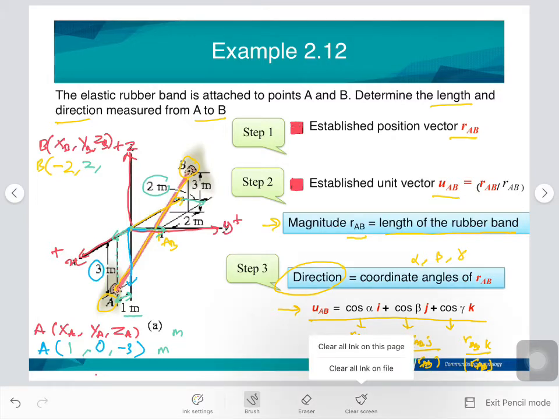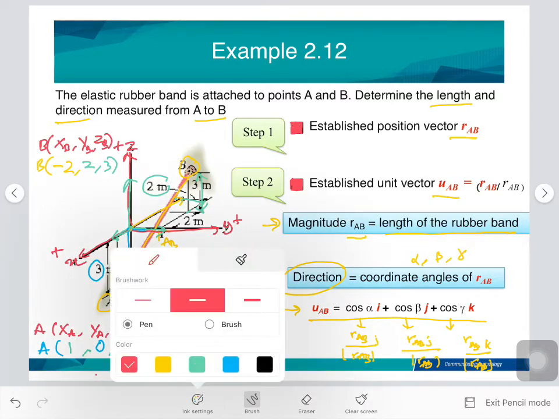From the origin, we travel to point B in the Z direction, and we have 3 here. Positive or negative? Z is positive, so you write 3. So now we have already established the coordinates for A and B.